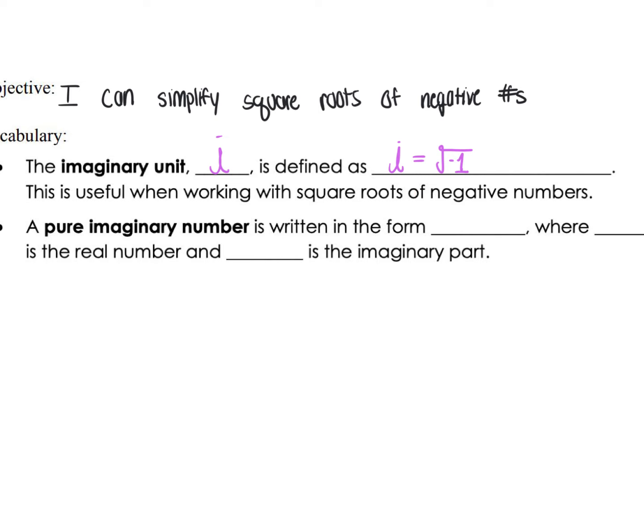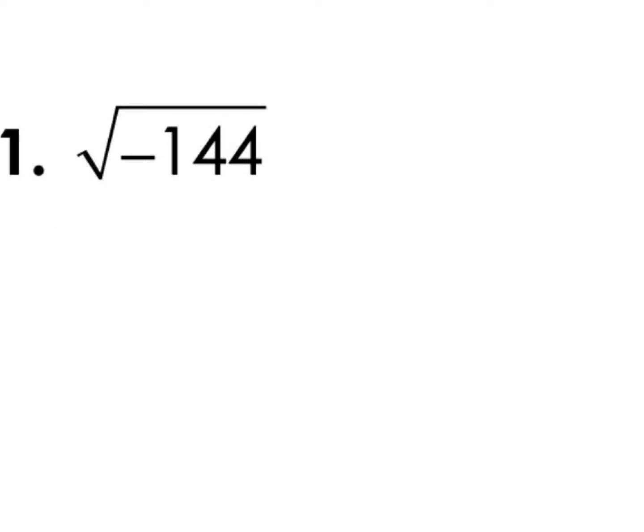So a pure imaginary number will be written in the form bi, where b is the real number and i is the imaginary part. So b would have been contained in the real number system, where i would have been the imaginary number. Okay, so this is where we simplify square roots of negative numbers.